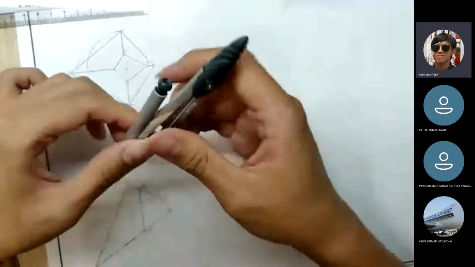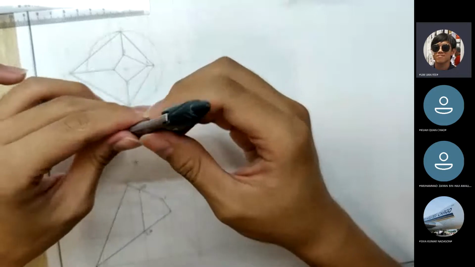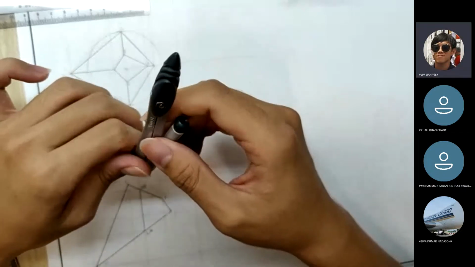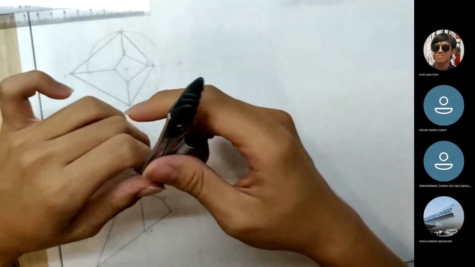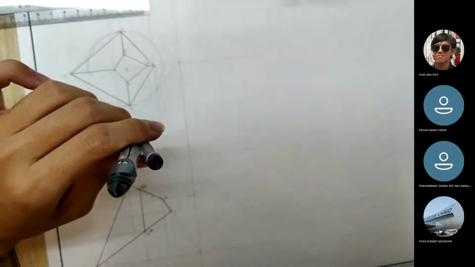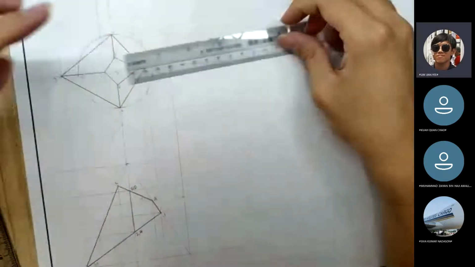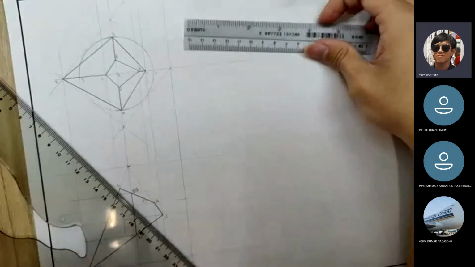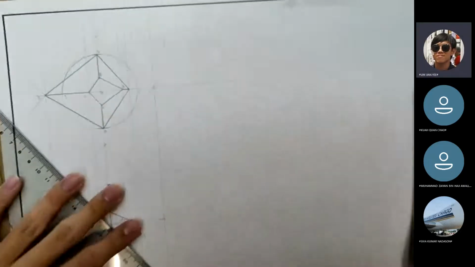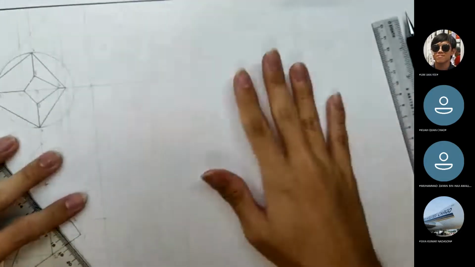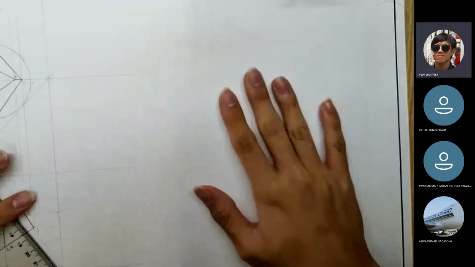Okay. So for the next step, I'll use this half of the paper.